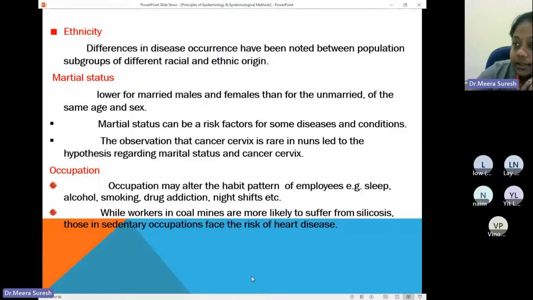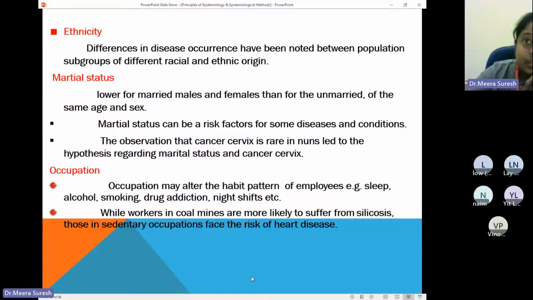So it is usually married women with a lot of children who have a tendency to develop cancer cervix. Nuns don't have that much incidence of cancer cervix, but they can develop breast cancer.